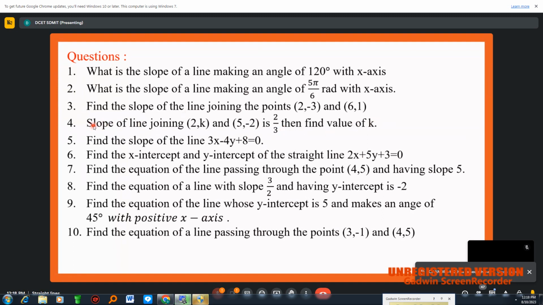So, any doubt in question number 4? Others? Have you got the answer?